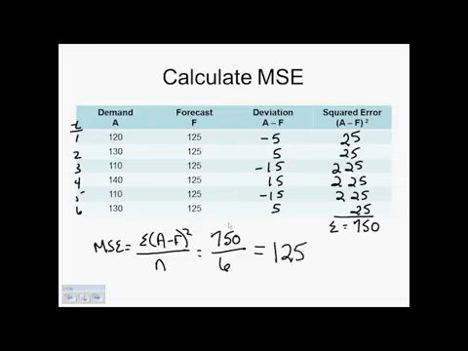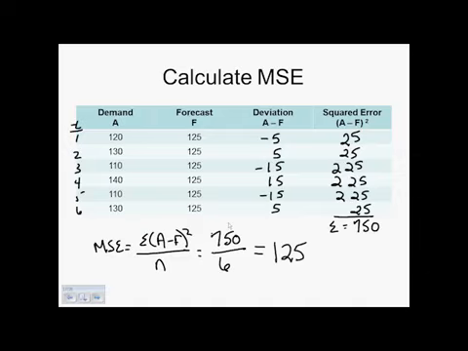Again, the MSE cannot just be taken on its own. It is a comparative number. You're either going to compare it to an industry standard, or you're going to compare it to another MSE, mean squared error, found by a different forecasting method. Here we have 125.